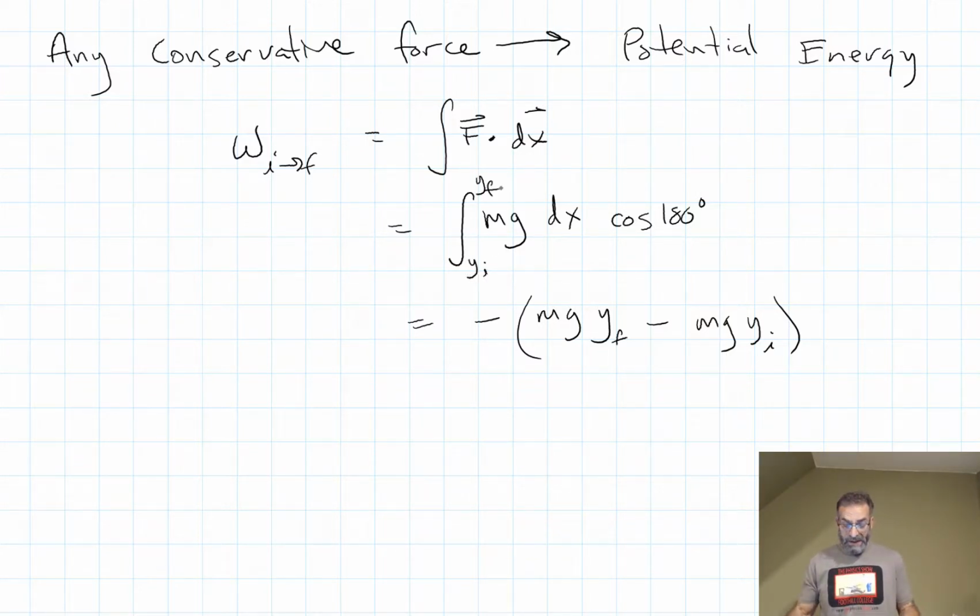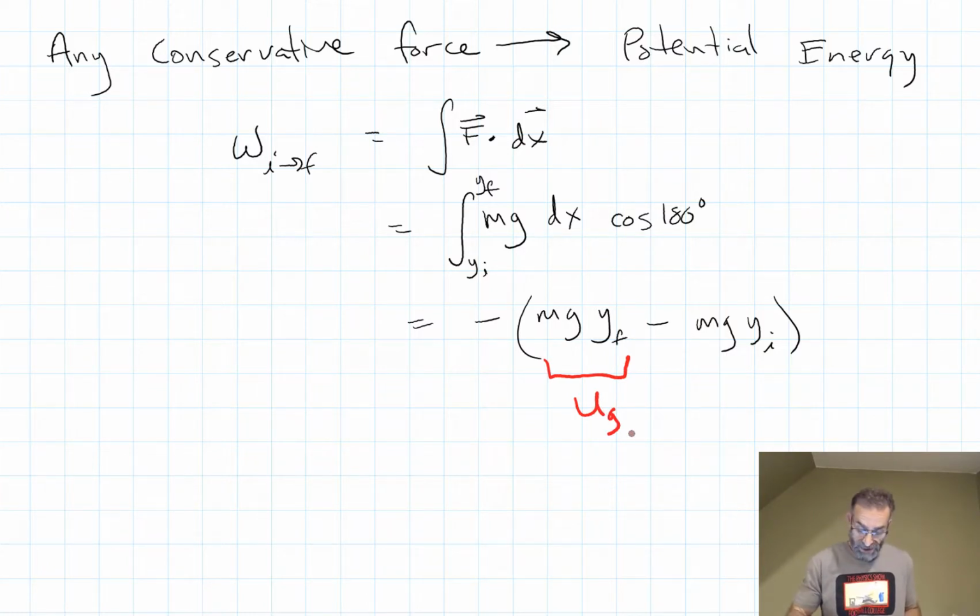we're going from some initial state to some final state. The cosine 180 gives us this minus sign, and then the rest of the integral gives us what's in the parentheses. So what we say is that, wait a minute, the work done here just depends on the endpoints, where we started and where we ended. That's the definition of a conservative force. So we say, why don't we let this equal potential energy?